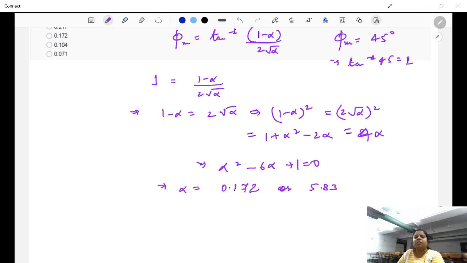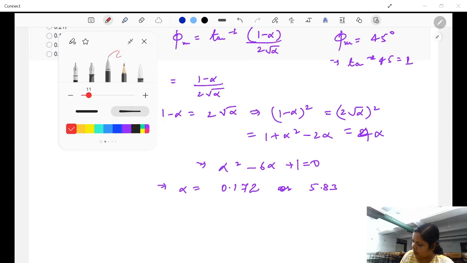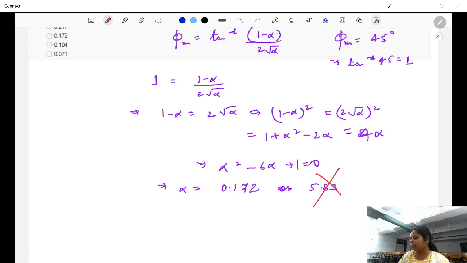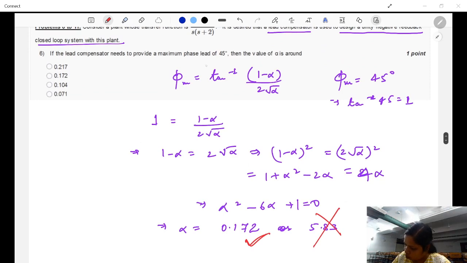When we read about this lead compensator, we saw that the value of alpha should be in between 0 and 1. So definitely we will discard this value and take this value with us. So this is the value of alpha for maximum phase lead of 45 degrees.